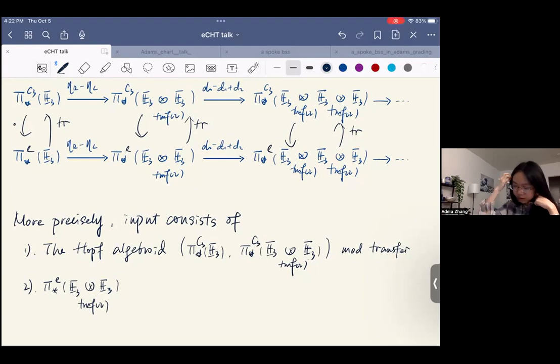This was in the proposition I showed earlier. We also need to know the underlying homotopy group of F3 underlined tensor F3 underlined over TMF2. Well, this is the same as the homotopy group pi star of F3 tensor F3 over TMF2, but also recording the C3 action on it. This we know from a result of Stojanovska.